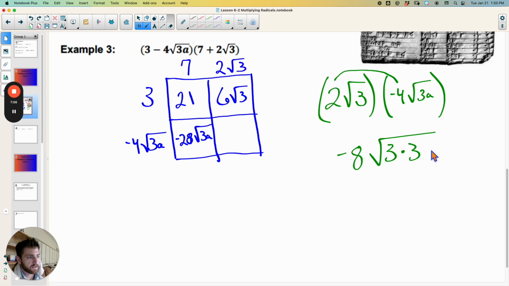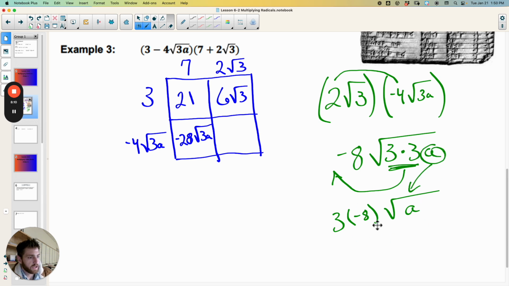I'm just going to write it as this right here. And so now I see that I have a group of 2 here, and I can pull that out. So that'll be 3 times the negative 8 that's already there, on the root of the a that's left over that I'm going to have to bring down. And then this multiplies to give me negative 24 on the outside on the root of a. So this number is negative 24 on the root of a.